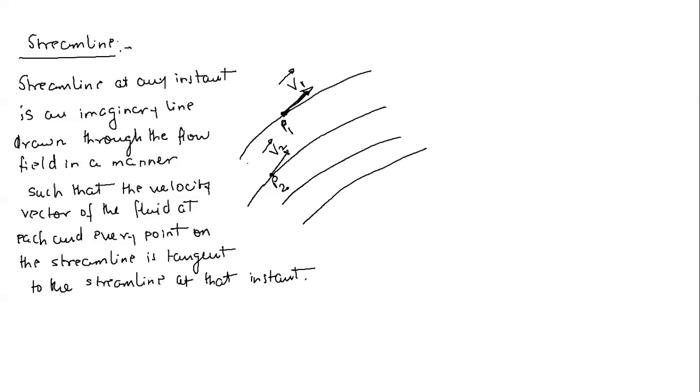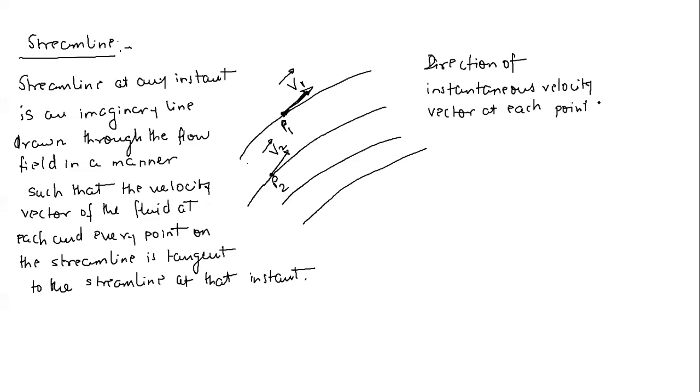So in very simple words, you can say that the direction of the instantaneous velocity vector at each point is given by the tangent to the streamline.